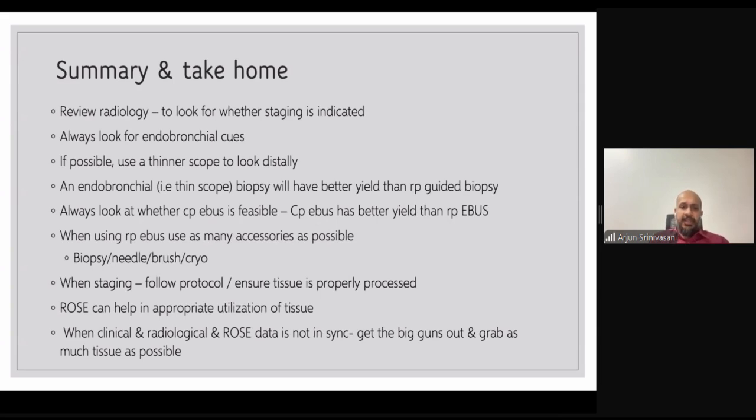When the clinical, radiological, and the ROSE data are not in sync, you need to get your big guns out, which means that you probably will have to look at whether you need to do a forceps biopsy or a cryobiopsy, which might be either in case of a radial probe or in case of a convex probe also, and grab as much tissue as possible, because you do not want the patient to undergo a repeat procedure as much as possible. Thank you.